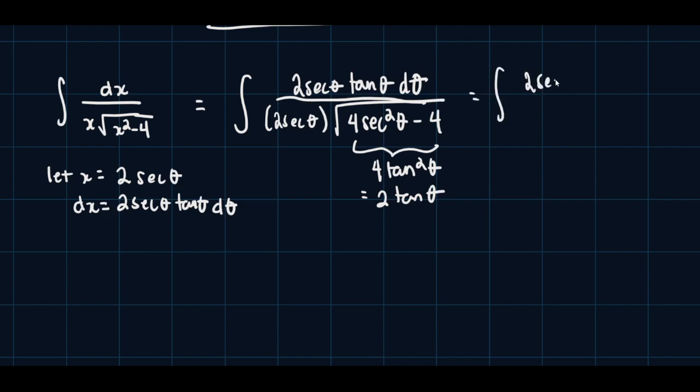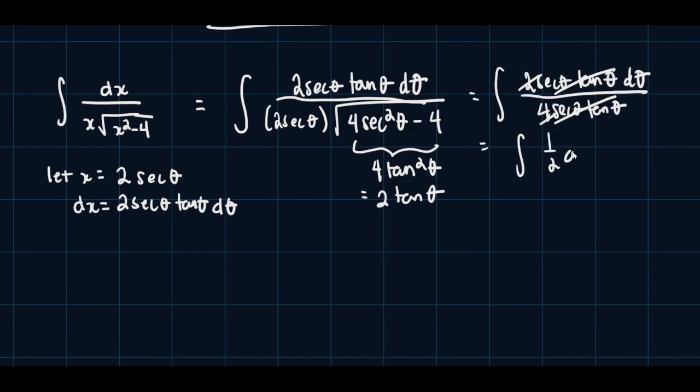So 2 secant theta tangent theta d theta all over 4 secant theta tangent theta. So these will cancel out. May titira na lang tayong 1/2 d theta or 1/2 theta plus c.